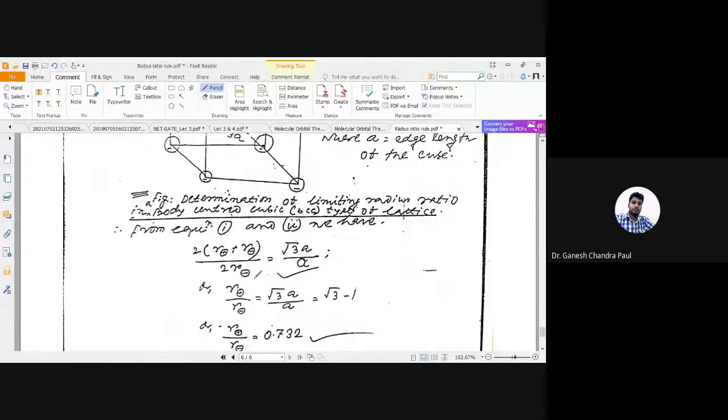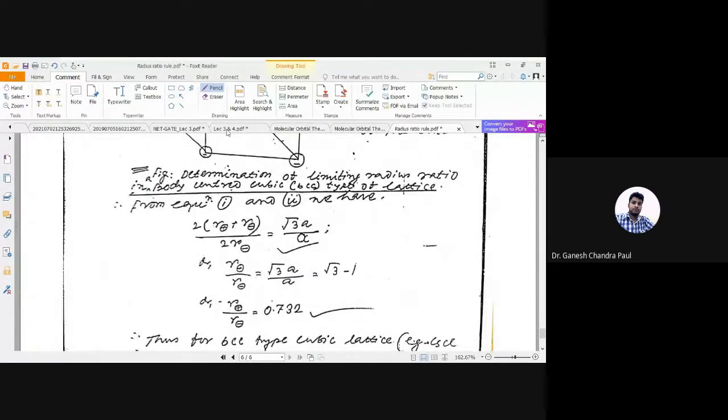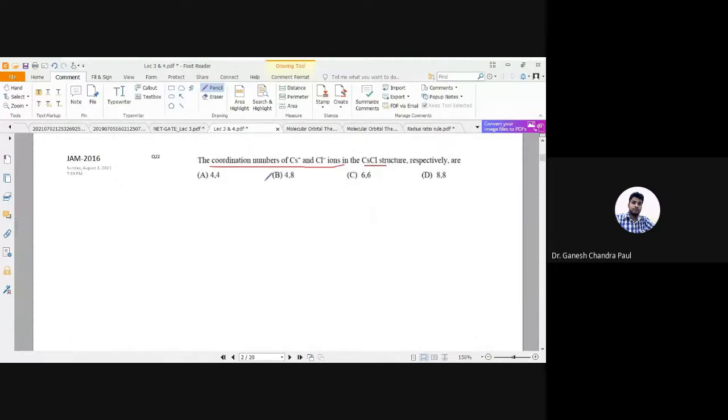Therefore, the coordination number of cesium plus ion and Cl minus ion is 8 and 8.